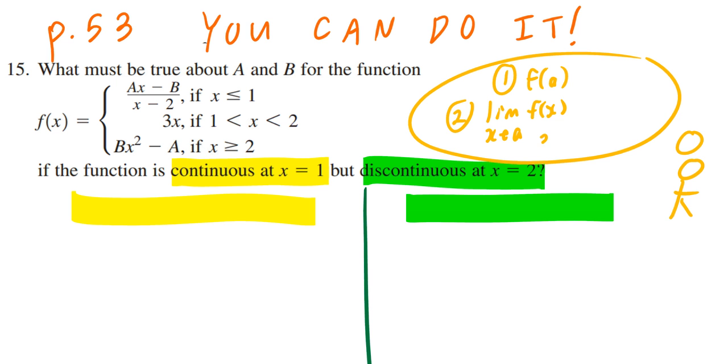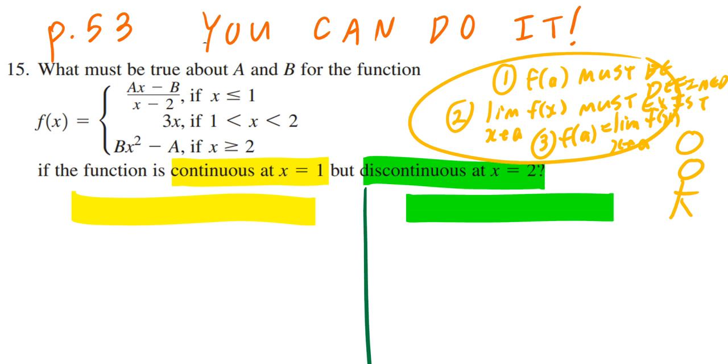It also means that f of a equals the limit of f of x as x is approaching a. So again, f of a must be defined, the limit must exist, and of course, the first conditions are equal.